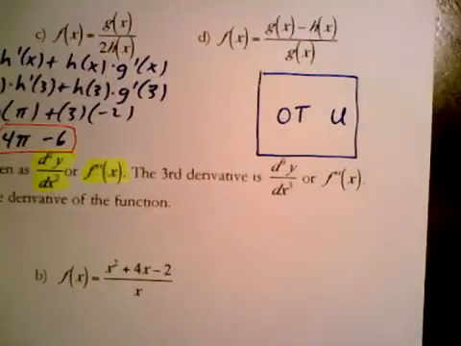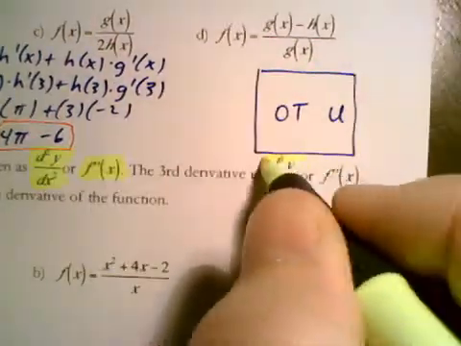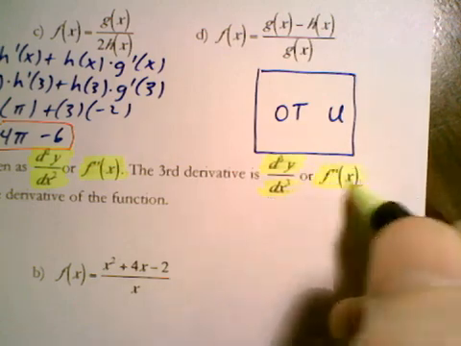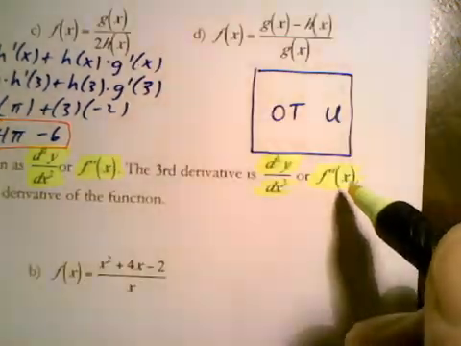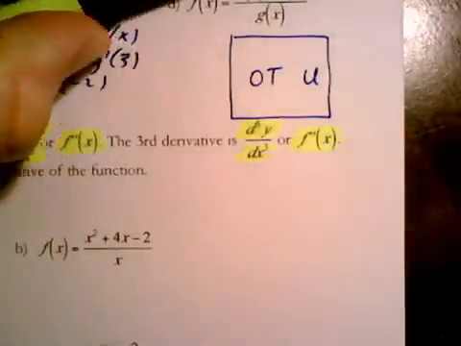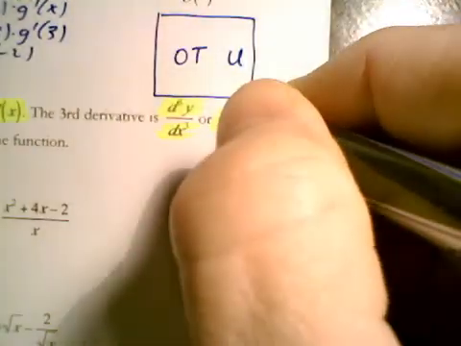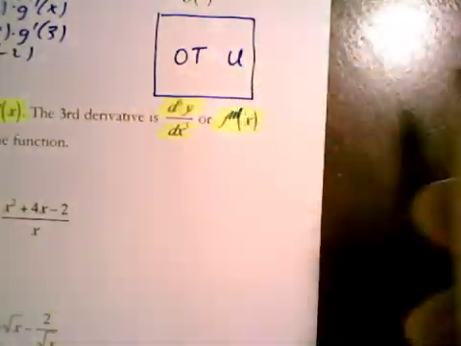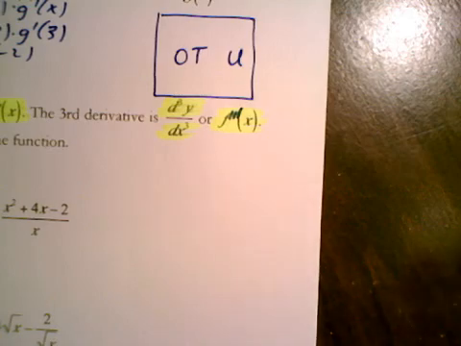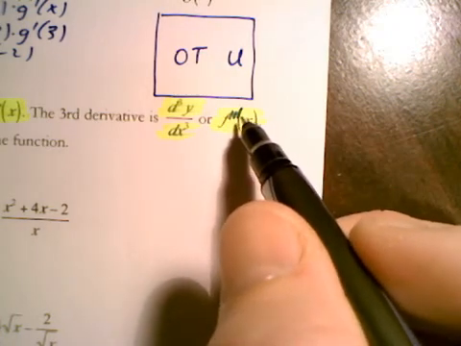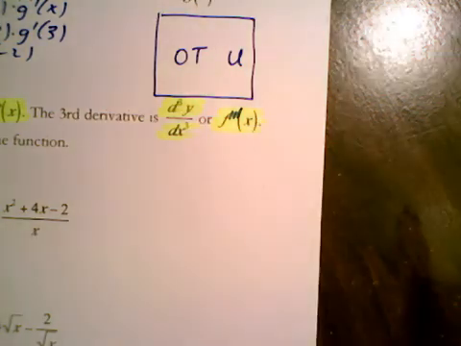And the third derivative can be written like this, with 3 little lines there. It looks on mine like there's only 2, but there should be 1, 2, 3. So that's the third derivative of f of x, or f triple prime, you could call it that.